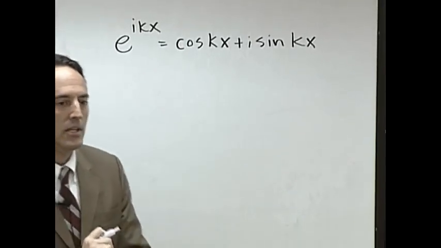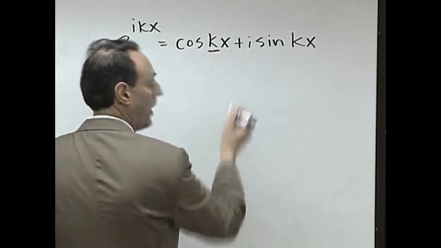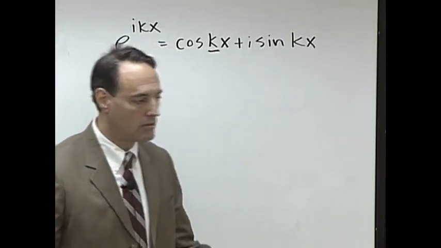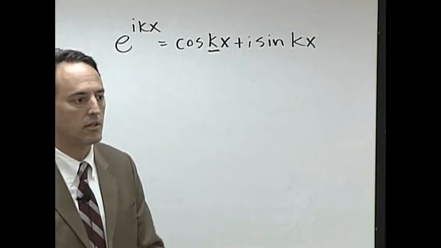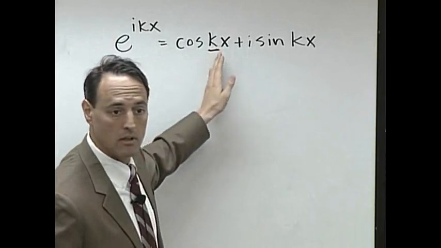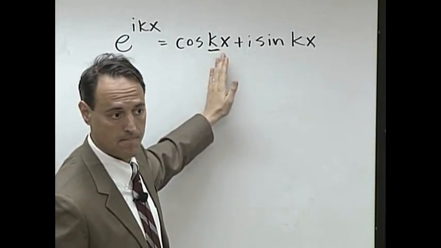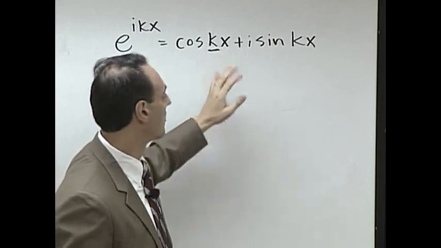Do you remember this? E to the ikx is just really cosines and sines in disguise. Okay. And what does k represent? K are your wave numbers. Or, really, they measure your frequency or your period, whatever you want to call it. That's a direct measurement of frequency content. Okay? So what are we trying to do here?